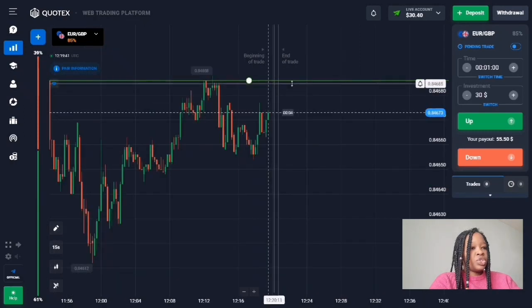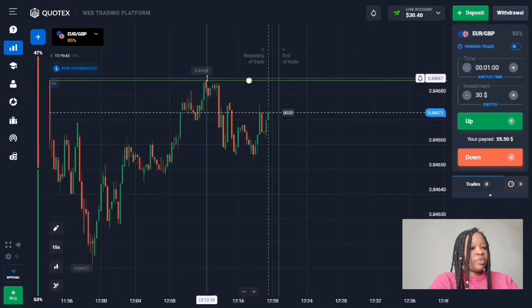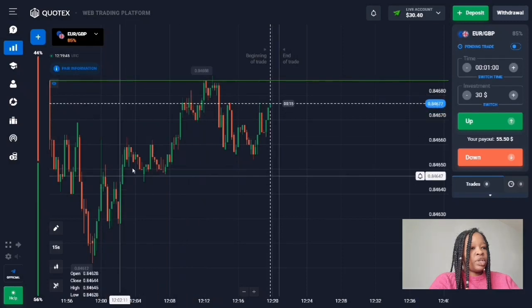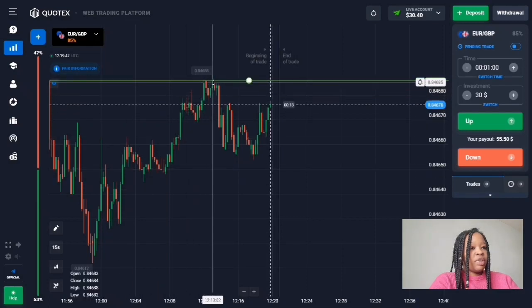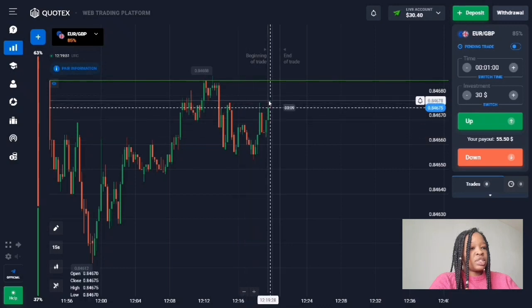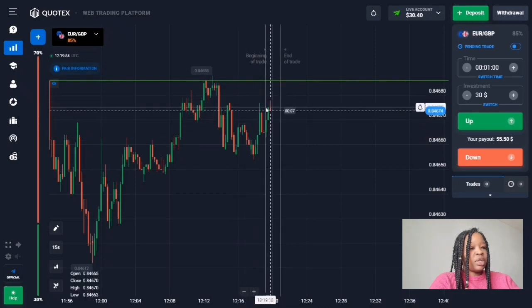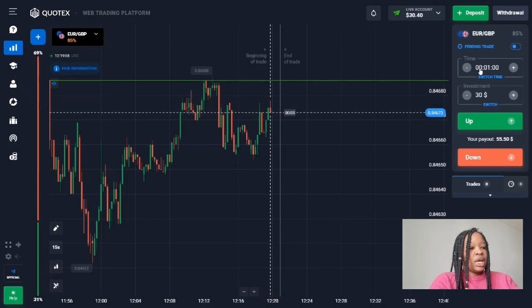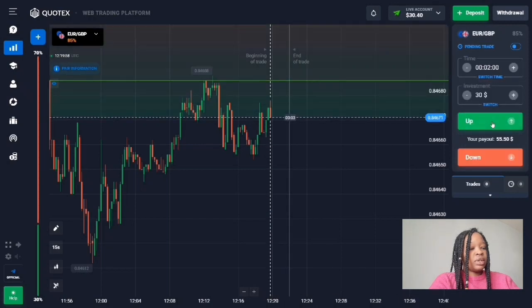So it's another situation and you can observe the level of resistance and the uptrend as well. The price touched this level and then pulled back down, and now price is again trending towards this level. So I'll enter the market with an uptrend for 2 minutes and wait for the results of this trade.